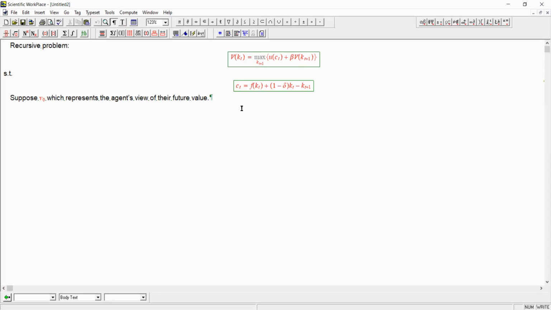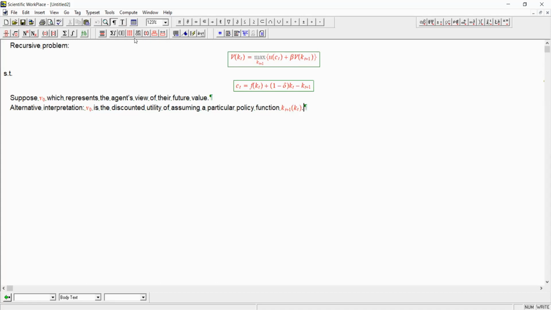There's an alternative interpretation of this, which is that V0 is the discounted utility going forward of assuming a particular policy function kt plus 1 of k, which may or may not be the optimal one.